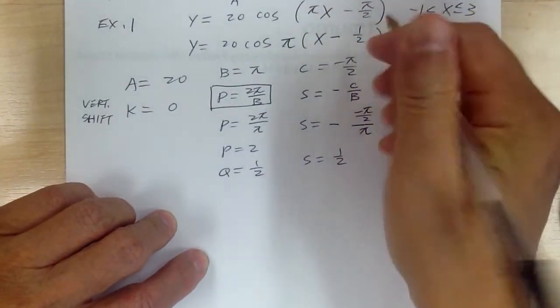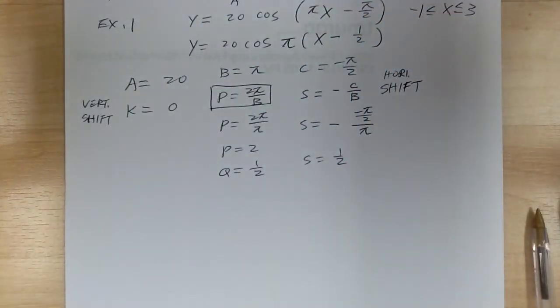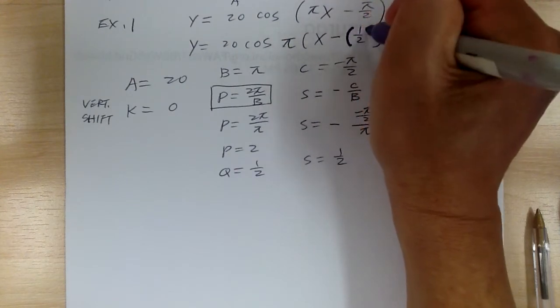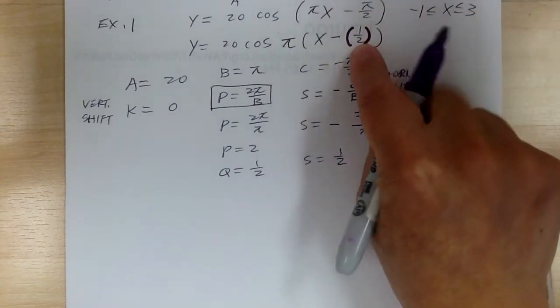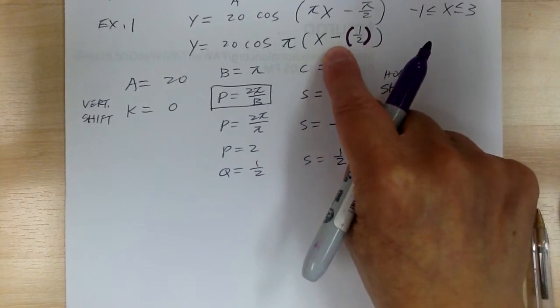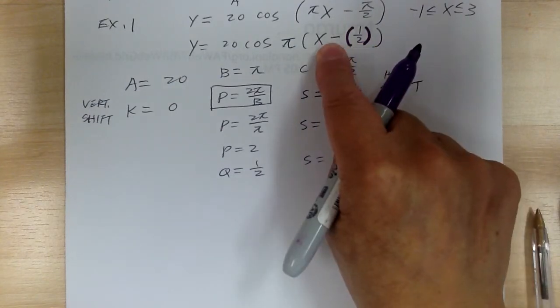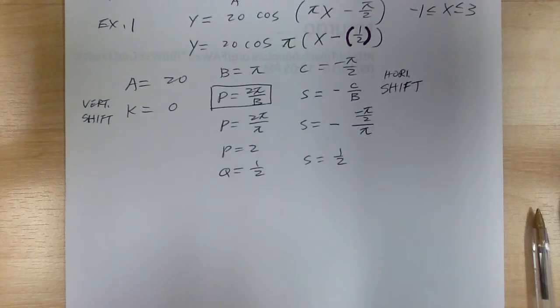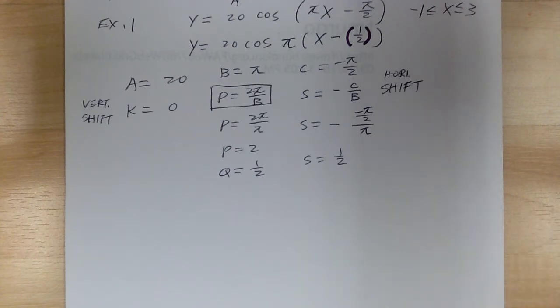And so the negative is part of the format. So this is a shift right over here. Okay, so that's the shift. See that? Okay, so do not include the negative as your shift. So if this is a plus, then you need to break the plus into minus minus. So that way your shift will be correct. Okay, so now you have all the information. Now you're going to graph.